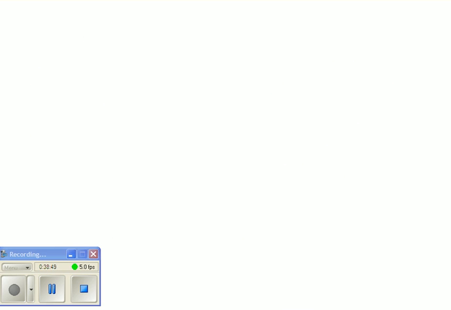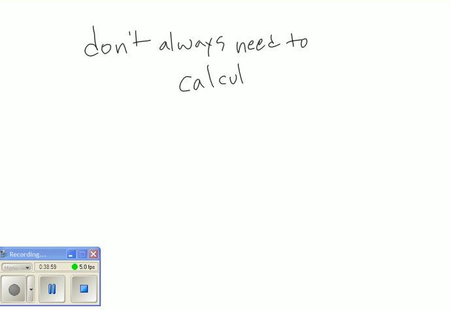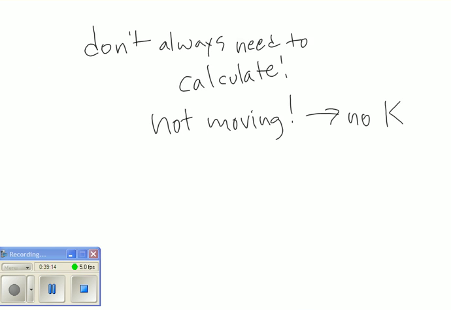But of course, you don't always need to calculate. If there's an object that's not moving, no kinetic energy. Kinetic energy is 0.